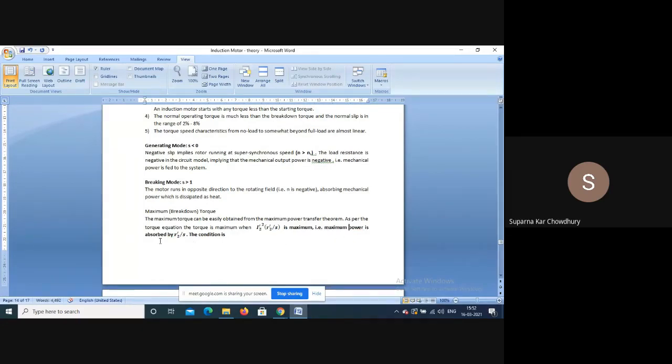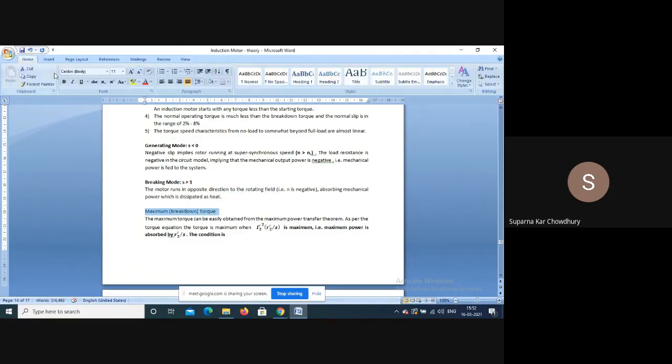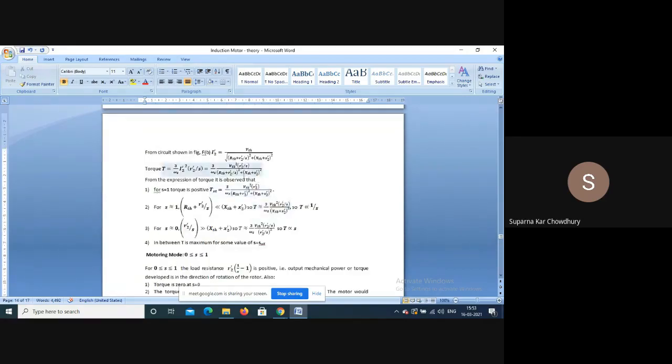Now, there is a maximum or breakdown torque, for a value of slip S is equal to SMT. The torque is maximum. The magnitude of maximum torque can be obtained from the torque equation.